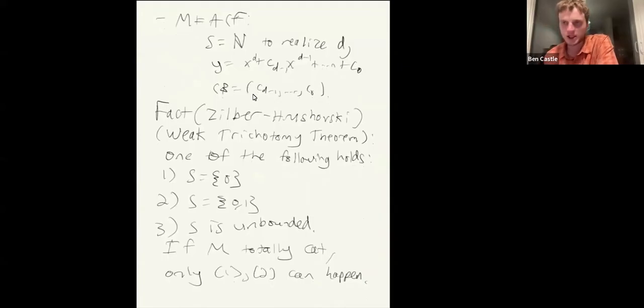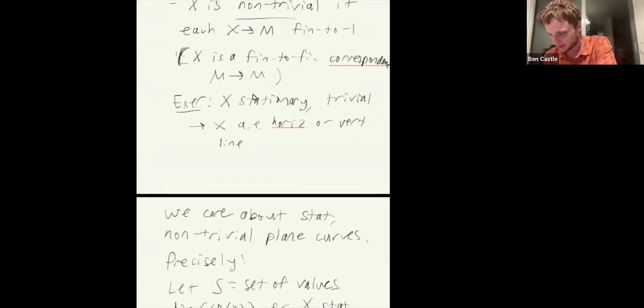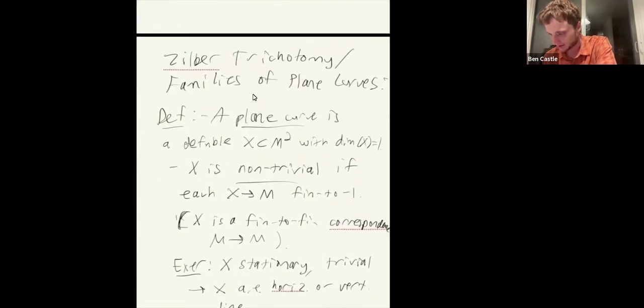so recall what we're trying to do. We have our strongly minimal structure, and what we're trying to do is break into cases according to how big are the families of plane curves that occur in the structure. So we're looking at families of curves in the plane M squared, and we're measuring the size of those families using the dimension notion. The most effective way of doing that is taking the canonical base.